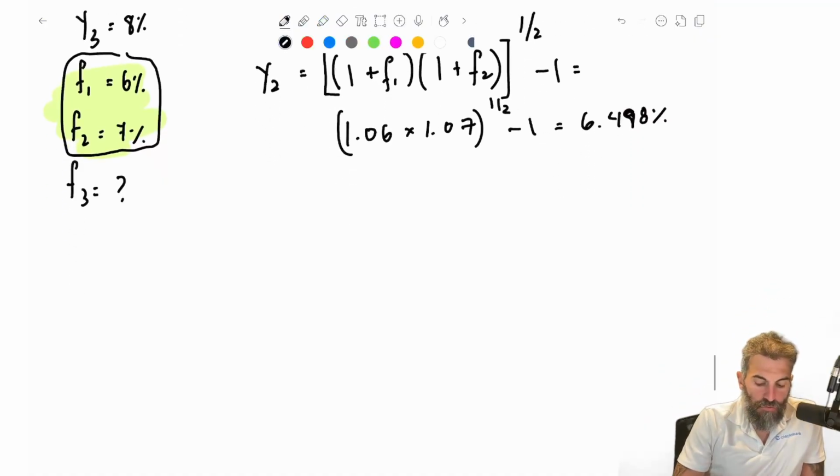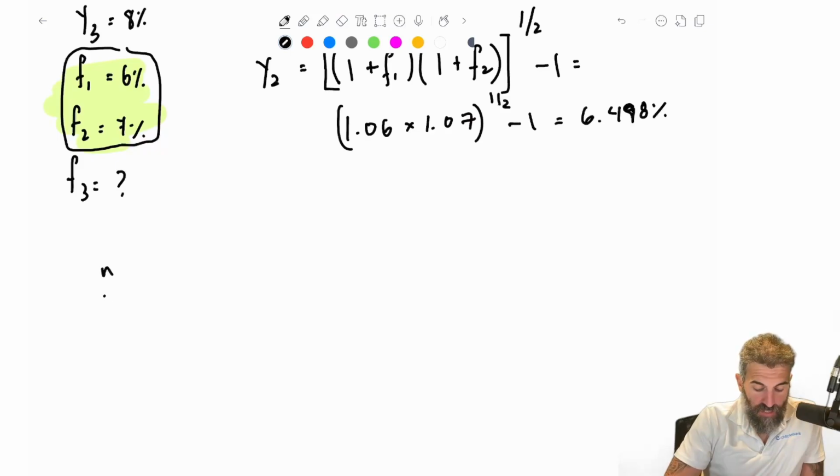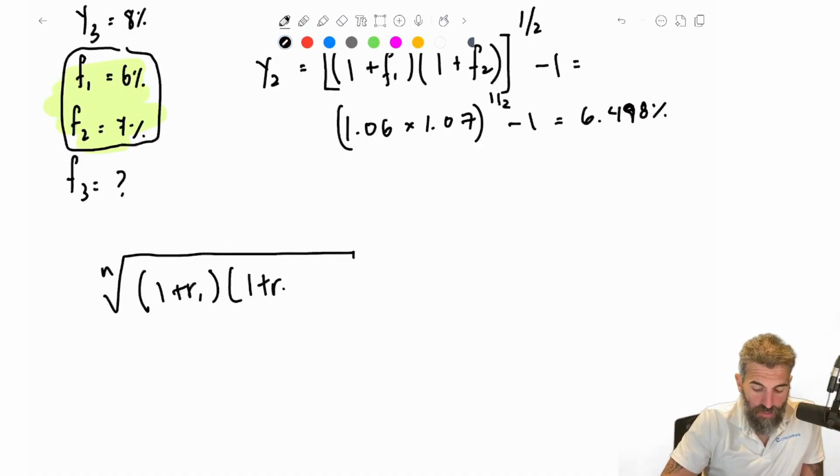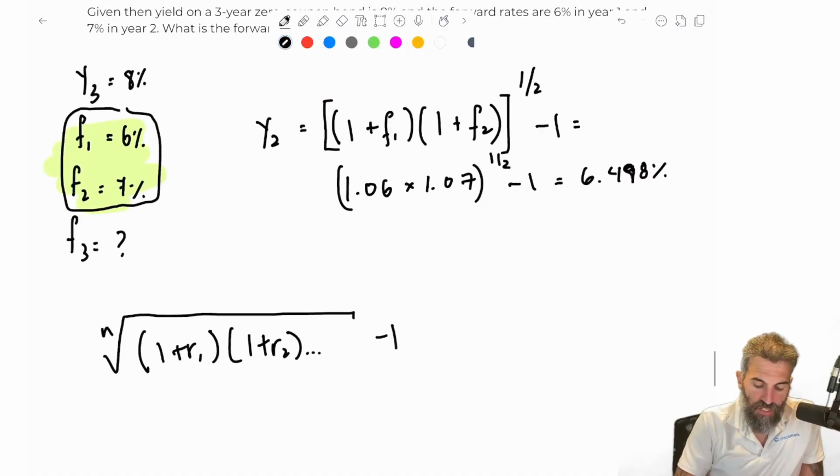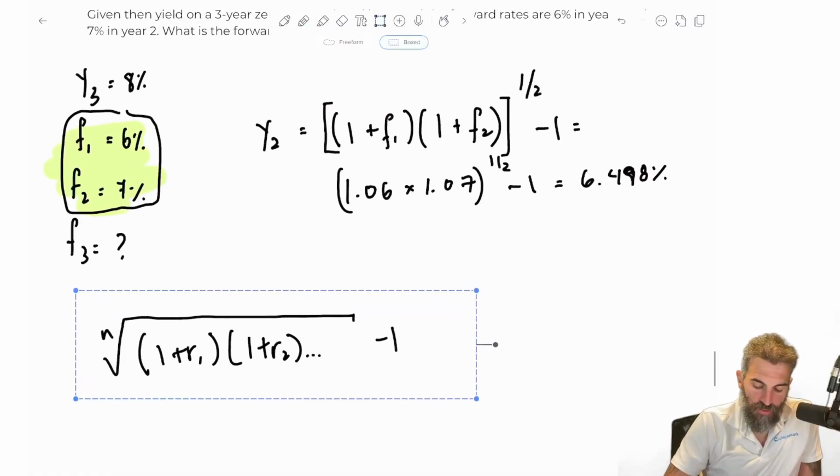Now your formula might be given like this: the nth root of (1 plus r1)(1 plus r2)... minus 1. If it is, have no fear, it's the exact same thing.